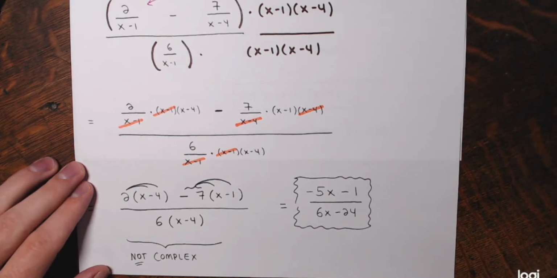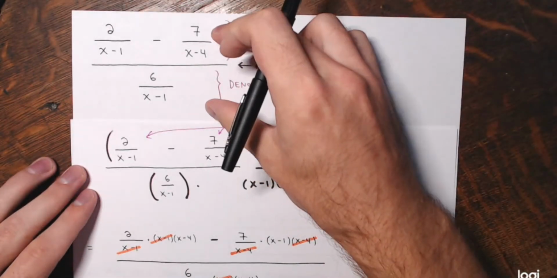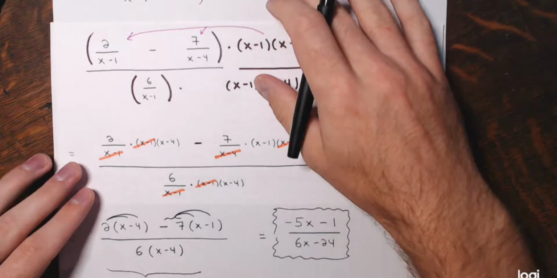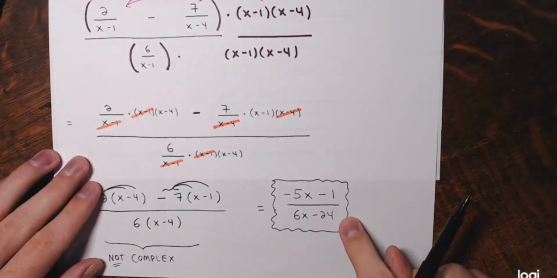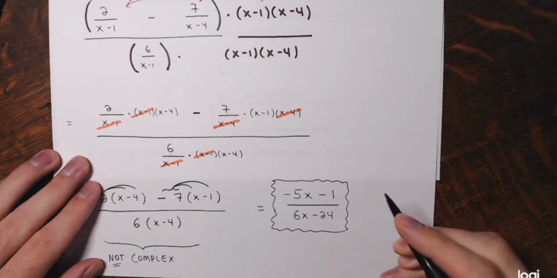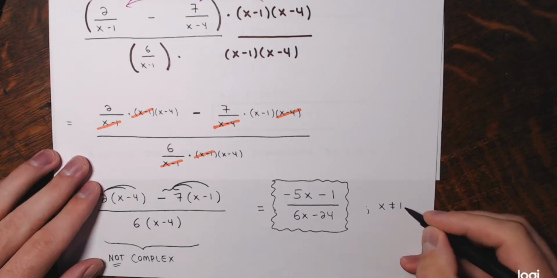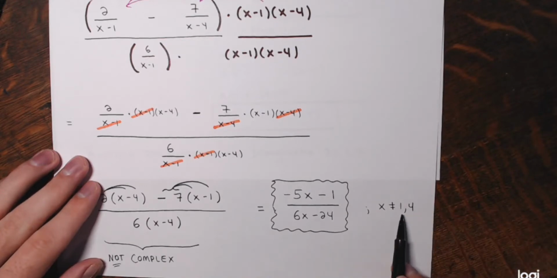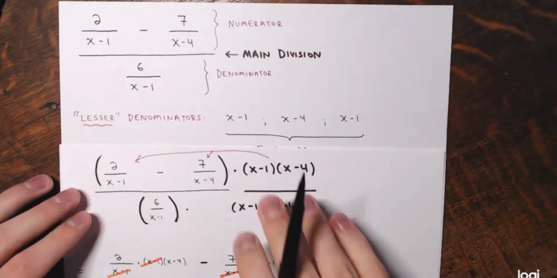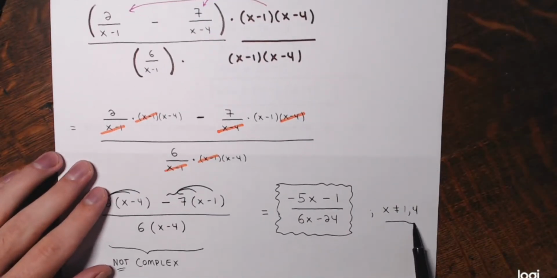So that original complex fraction is equivalent to this simple fraction with a single numerator and a single denominator for any value of x except 1 and 4. Because if x were 1 or if x were 4, you'd have denominators of 0 throughout this problem, and you can't have denominators of 0 because dividing by 0 is undefined.